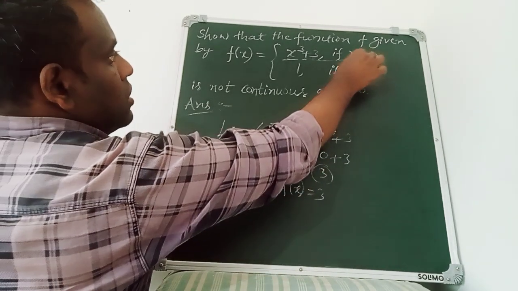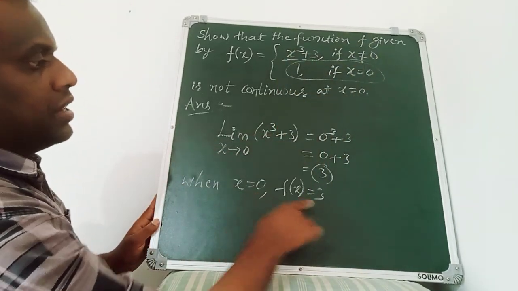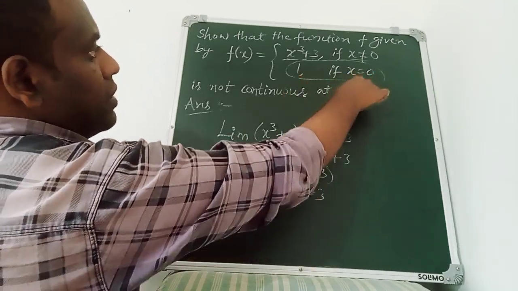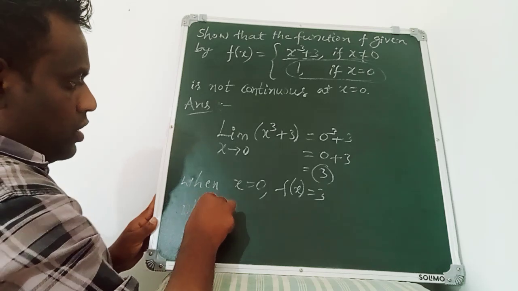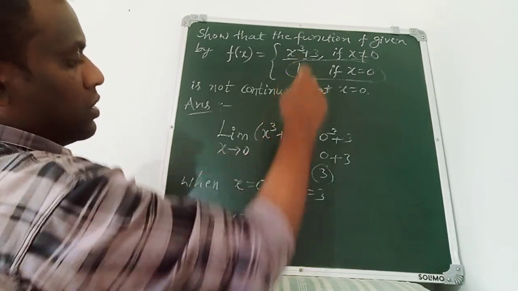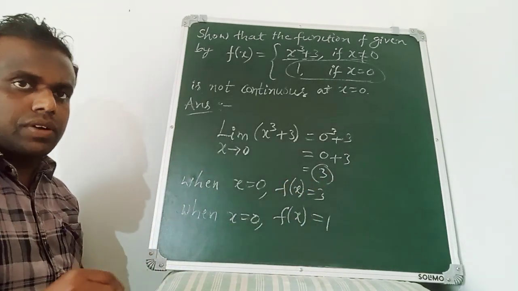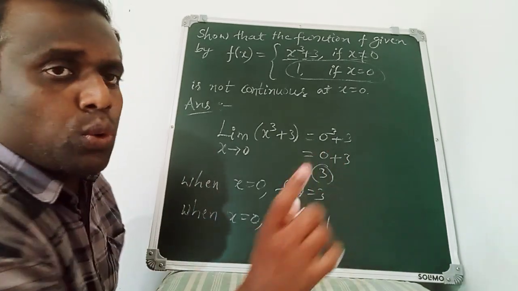Now you have to consider this to check whether it's right or not. They are telling us if x is equal to 0, the value is 1. So I will write once again, when x is equal to 0, the function is 1. That means f of x is equal to 1. Now check these two. These two are not coinciding.